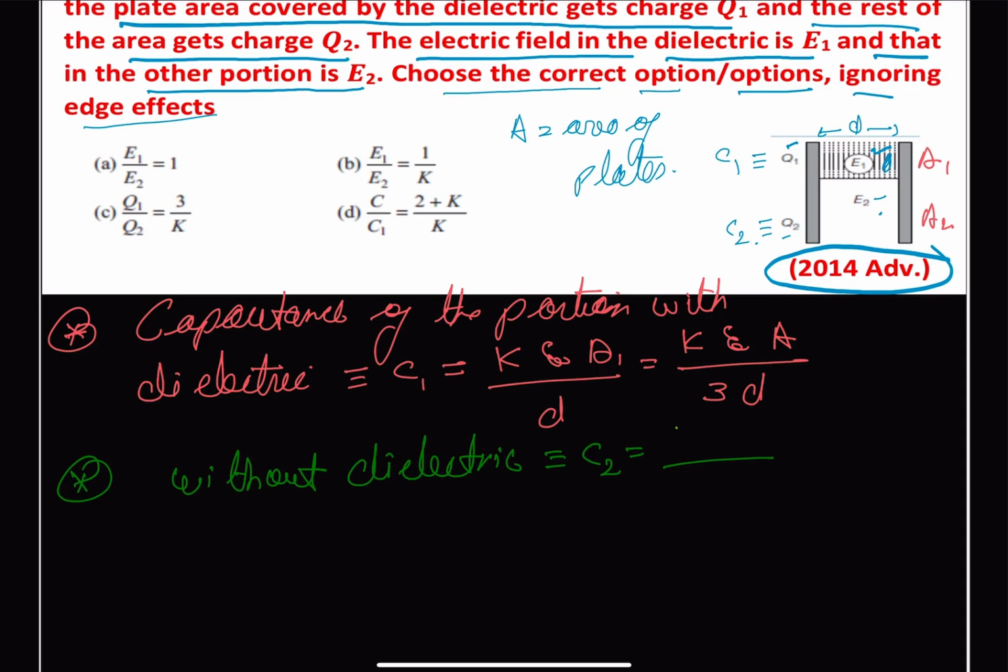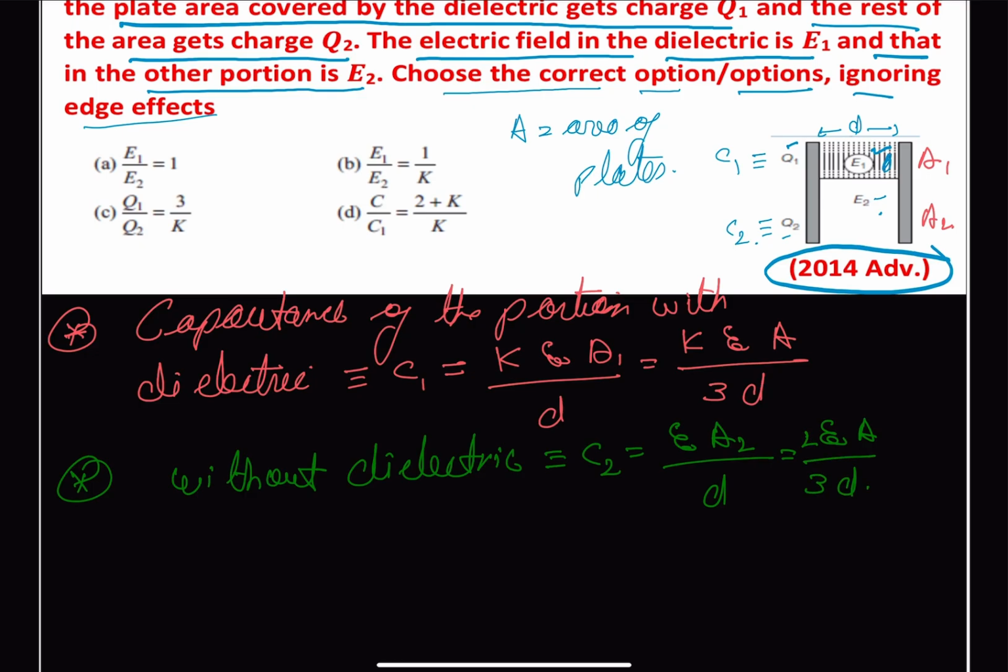So we get this as epsilon naught A2 divided by D, and here A2 will be equal to 2/3 of the total area, because 1/3 is of the dielectric, so obviously the remaining will be 2/3. So this comes as epsilon naught A upon 3D times 2, that is 2/3 epsilon naught A upon D.